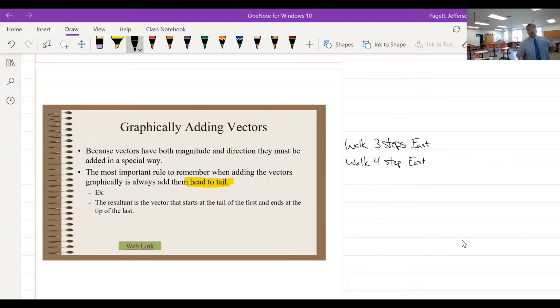If I were to represent this as a vector, I'm going to say this distance right here represents 1 step. We're going to do this with rulers so it's more accurate. So my first vector is going to be 1, 2, 3. We'll call this vector A. And then vector B, which I'll put in purple, is going to be 1, 2, 3, 4.